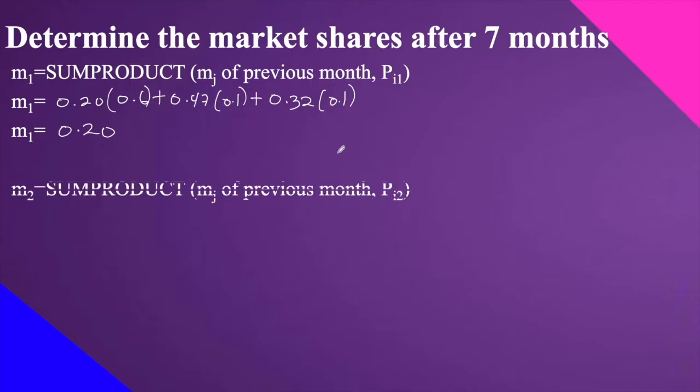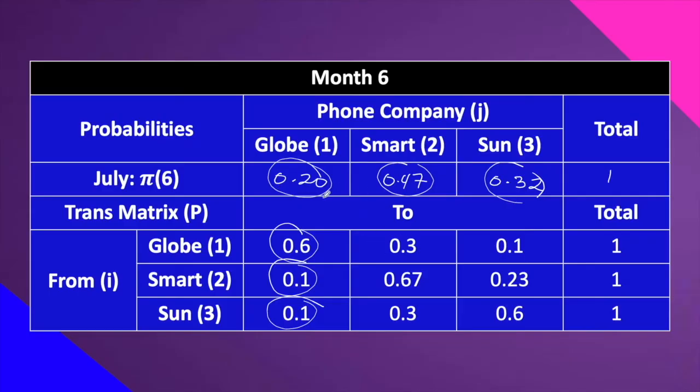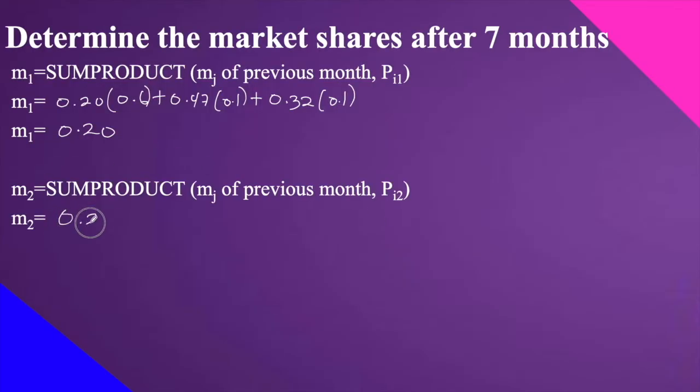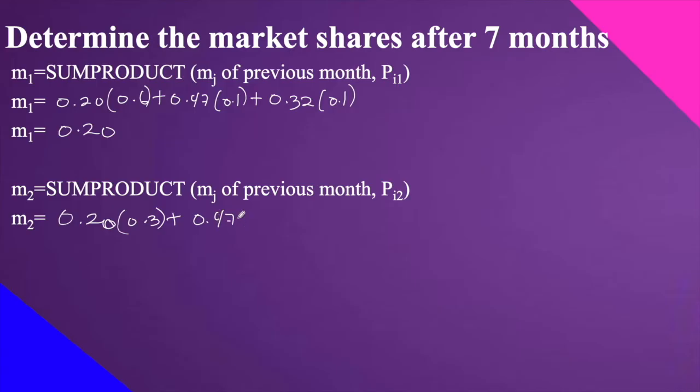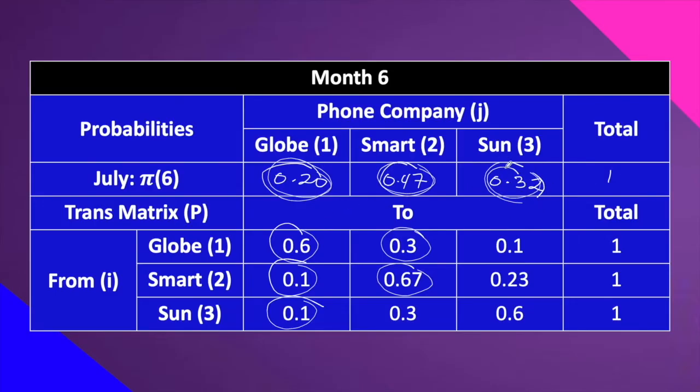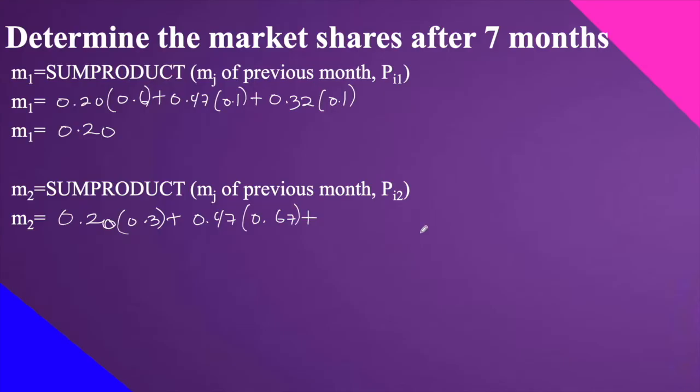Next, sum product for M sub 2, sum product of M sub J of previous month and the P sub I2. Ito po yun. So, we have 0.20 times 0.3 plus 0.47 times 0.67 plus, next, we have 0.32 times 0.3.